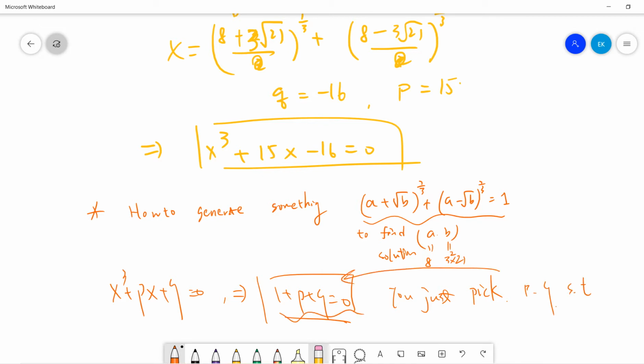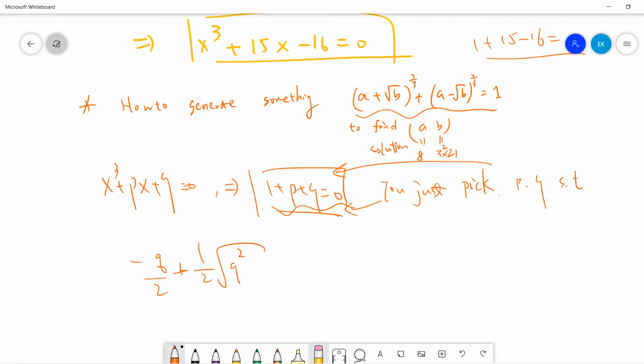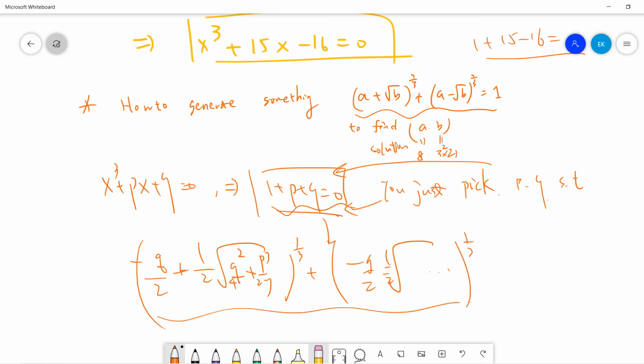You see that 1 plus 15 minus 16 is 0, right? So you just pick p and q such that 1 plus p plus q equals 0, and then you plug everything into this formula, and then you can generate a question.